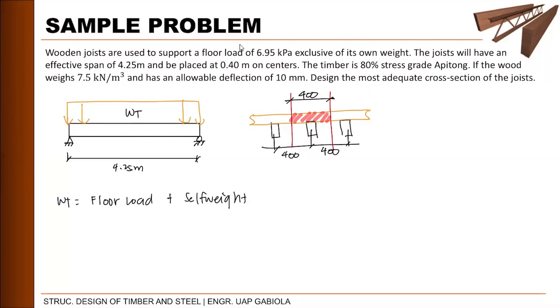No? And again, for floor joist, ang practice lagi is 50 mm yung kanyang width. Okay? So, yung width natin, again, is 2 inches. Then, unknown yung depth natin. Okay? We need to solve for the value of D.